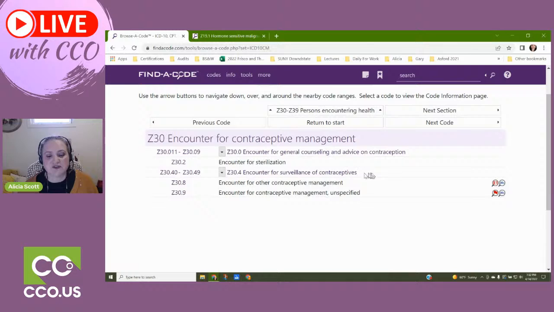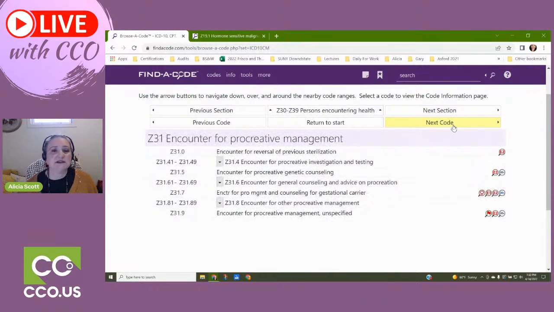Surveillance would be, maybe you're having complications or they need you to check back in. So you have that for other contraceptive management and for unspecified. And that still applies, other and unspecified; those terms are consistent through all of the ICD-10 code set.